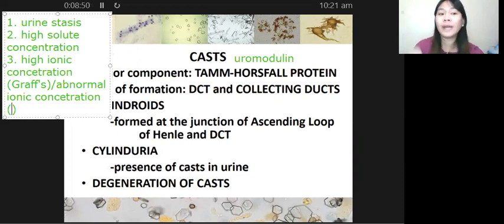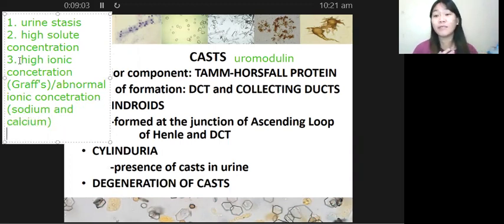Another, when it comes to the ions that are present in our urine, we are after the presence of sodium and calcium. Remember that these substances are ionized, they are electrolytes, di ba? And so they will contribute to the ionic concentration of your urine.